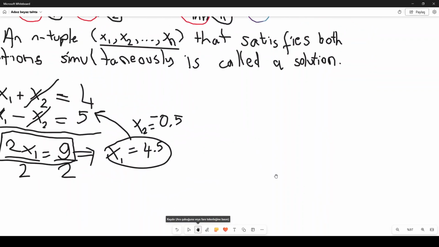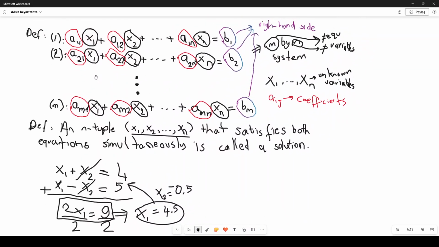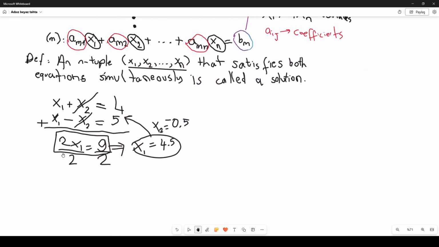So in other words, if somehow we are able to eliminate equations or unknown variables from an n by n system down to a 1 by 1 system where we have only one unknown variable, we can simply solve it.